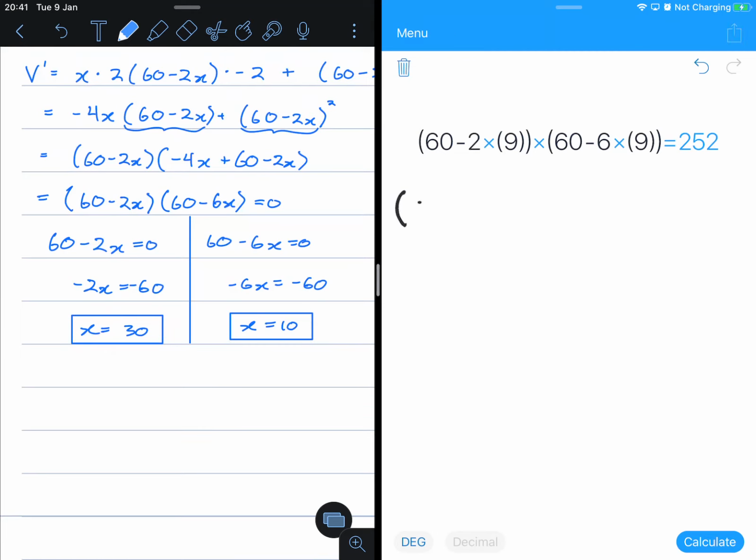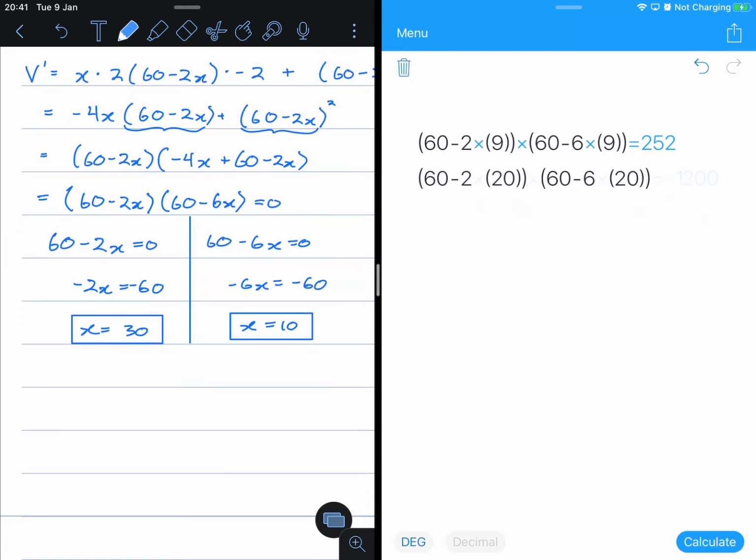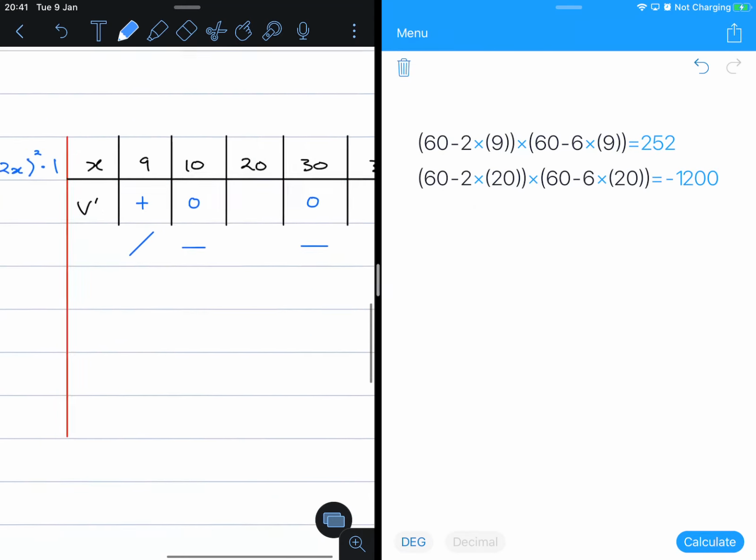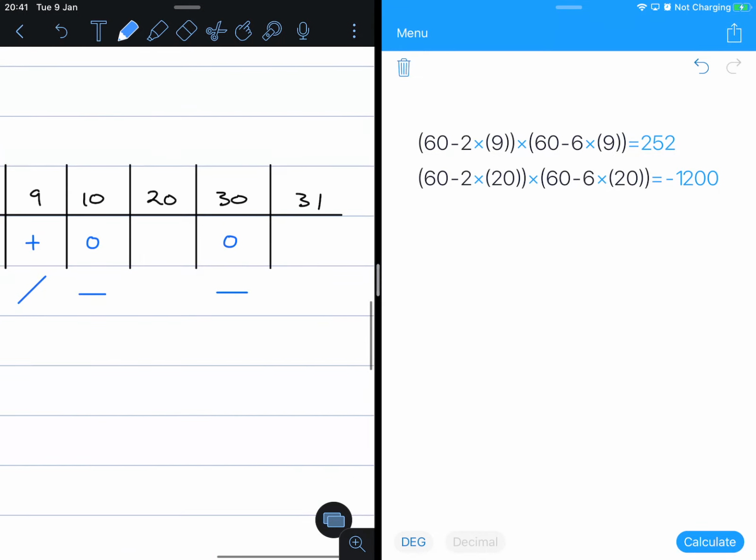Let's substitute 20 into our expression. So it's going to be 60 take away 2 times 20, times 60 take away 6 times 20. That's negative 1,200. That's negative. That means this is decreasing.